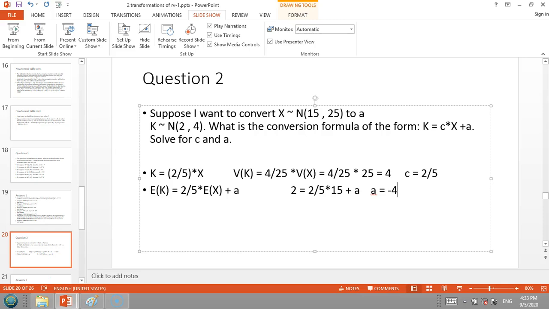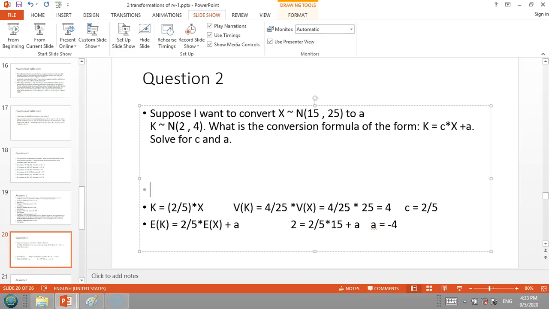Okay, so this is how I did it. How you're supposed to do it, let's be more formal here. You set up a system of equations. The standard deviation of k equals c times the standard deviation of x.